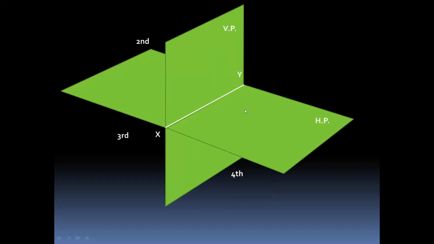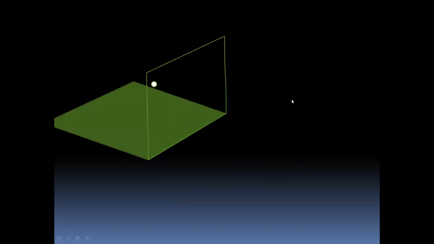Now suppose the point is lying in the second quadrant. So this is the given point which lies in the second quadrant. It is 20 mm behind the vertical plane and it is 10 mm above the HP.